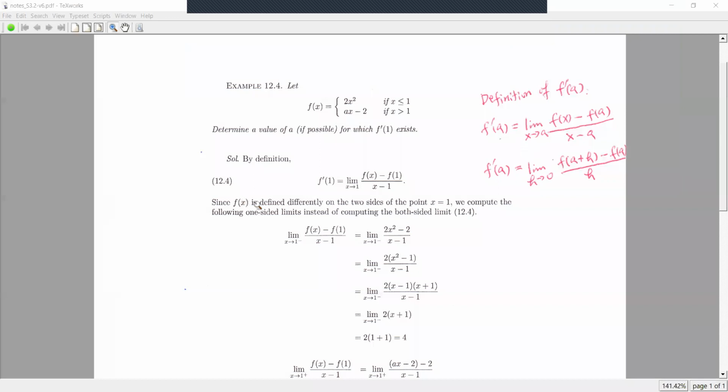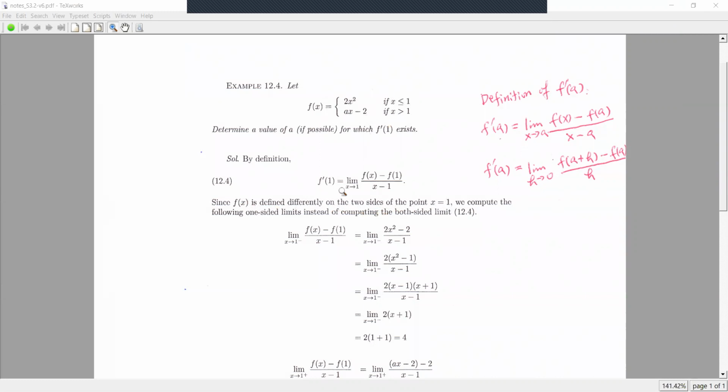The function f is defined differently on the both sides of the point 1. On the left side of the point 1, the function is 2x squared. On the right side of the point 1, the function is ax minus 2. They are different.